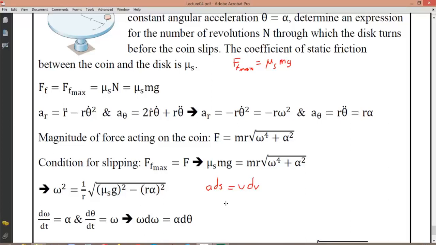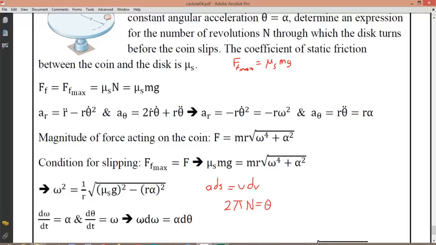In one revolution we cover 2 pi radians of angular distance. So if you multiply 2 pi times n, this is the total angular displacement that has happened in the system.